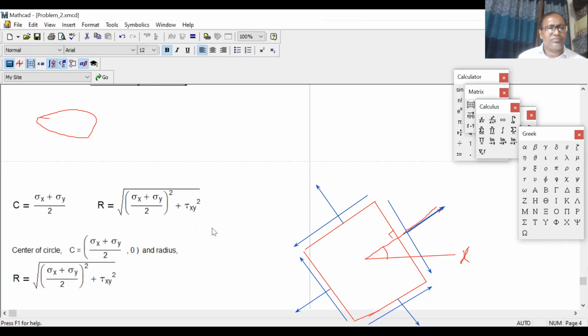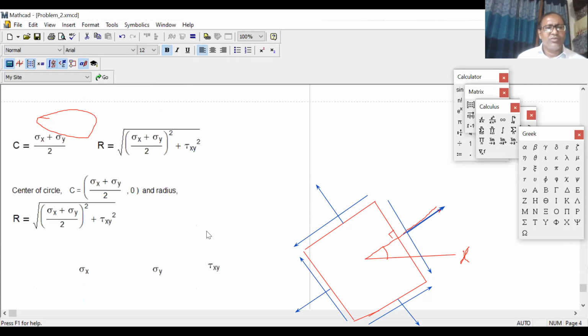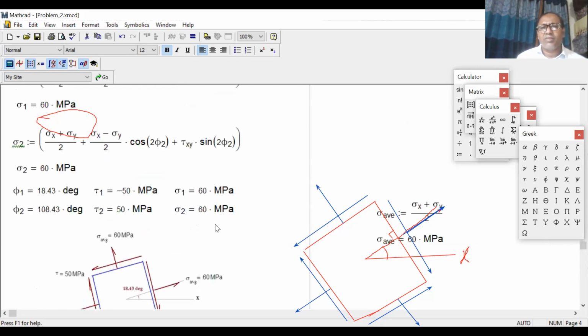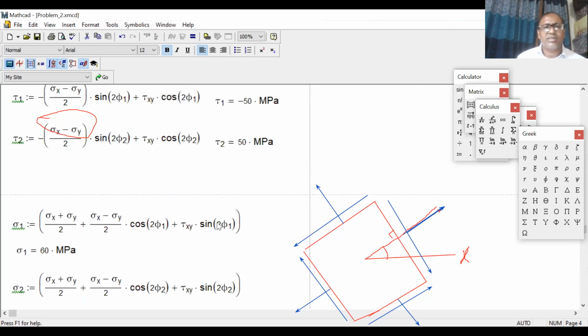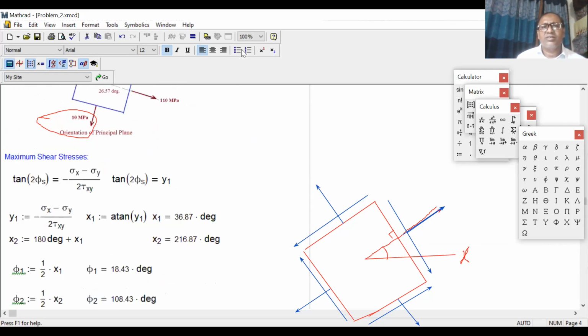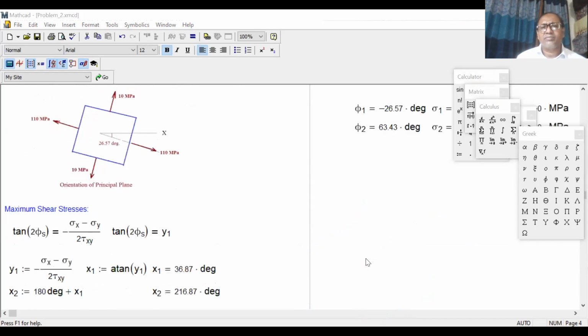Now, I could draw the Mohr's circle. You would need to, but I'd like to show you one thing, or you can do it by yourself. Let me erase everything.